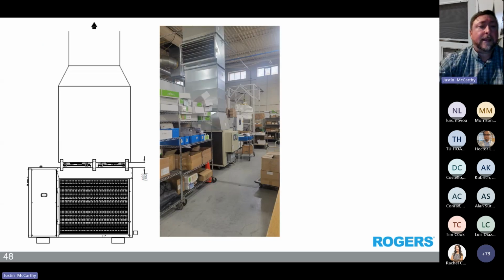So ducting, this is fairly common up north. We see right here that they've ducted it, and they've also allowed a basic operable louver that can direct that heat either out of the building or into the space, depending on the season. This is also used in air compressors as well.